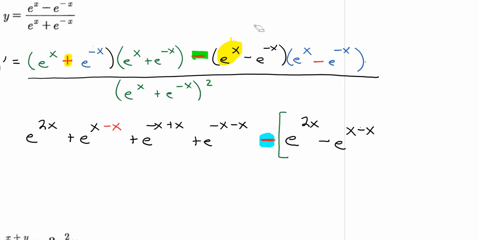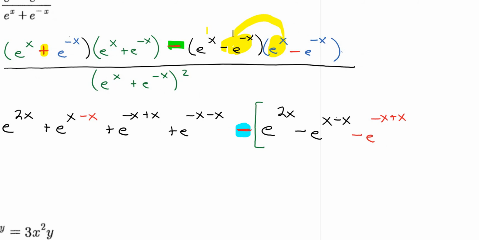And then if I keep on FOILing here, now I need to take my inside guy and multiply that out. So that's going to be minus e to the negative x plus x. And finally, the last one is this guy times that guy. That will give me a plus sign, because there's two negative signs, e to the negative x minus x. And then I would just finish that off by closing the bracket.